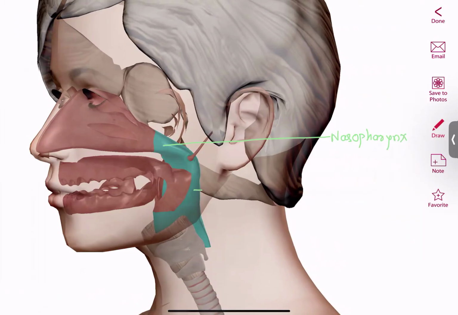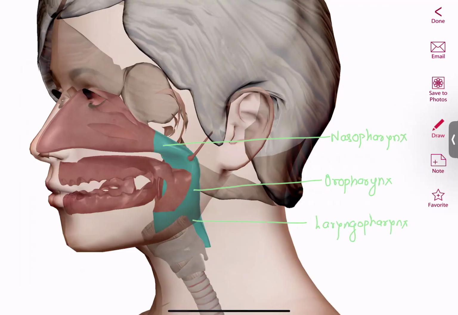Then you have the oropharynx, also called the buccopharynx, where the oral cavity opens into the pharynx. And then you have the laryngopharynx that lies at the junction of the larynx and the pharynx.